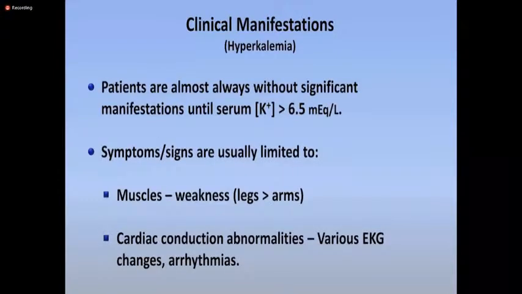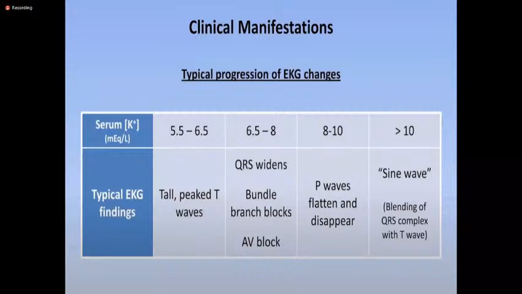So as I said, most of these patients will be asymptomatic until the potassium is way above 6.5, and they'll basically present with muscle weakness or arrhythmias when you connect them to the machine. So there are typical ECG changes that occur with hyperkalemia, but this does not necessarily mean that if you have a potassium of, say, for example, 6.5, you cannot get widening of the QRS.